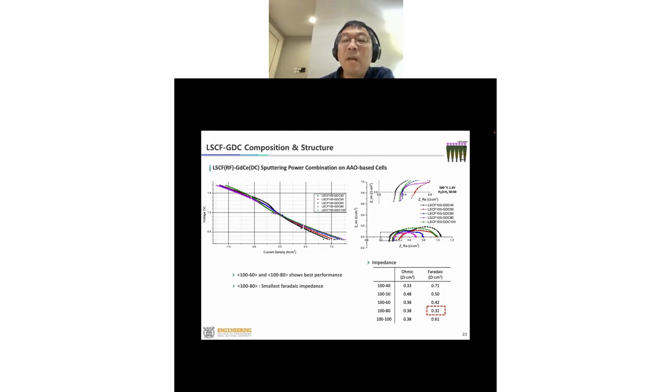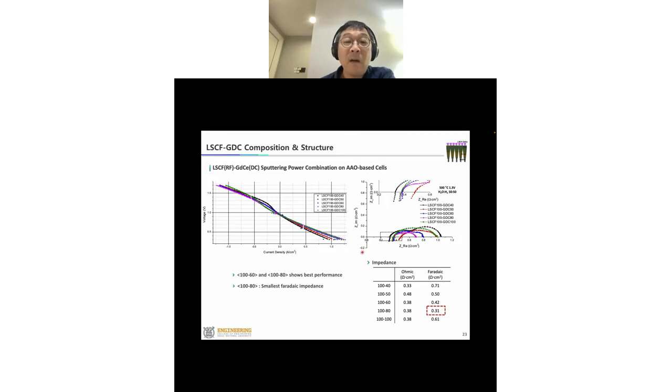Okay, so we need this low Faraday resistance, and it turns out that these two cases, when we mix the GDC at 60 watt power or the 80 watt power, show some good, small Faraday resistance.